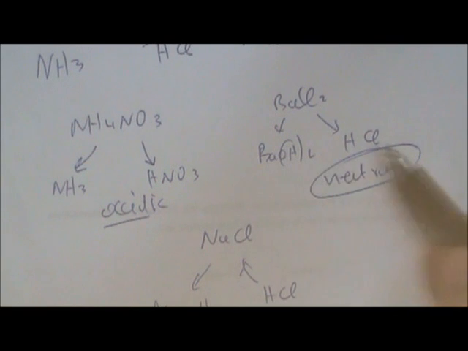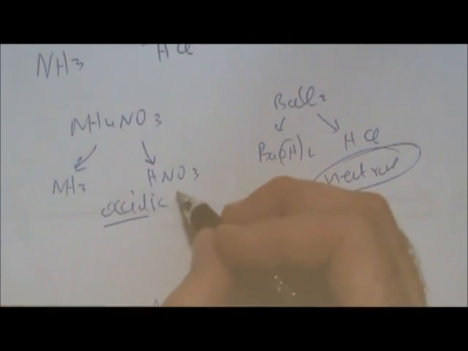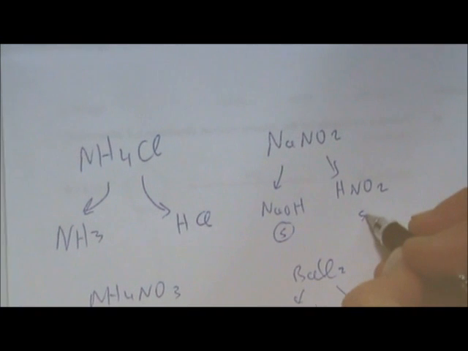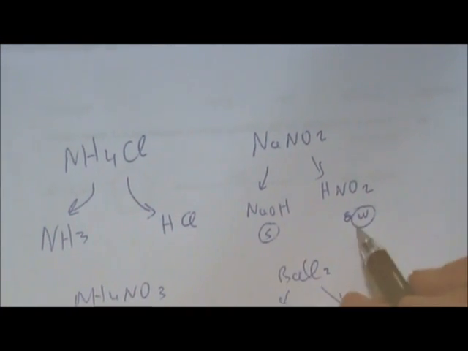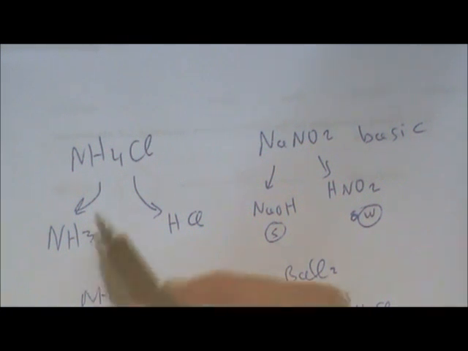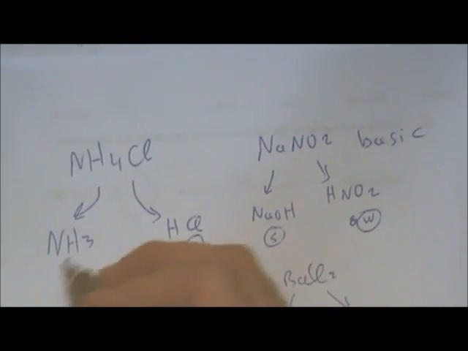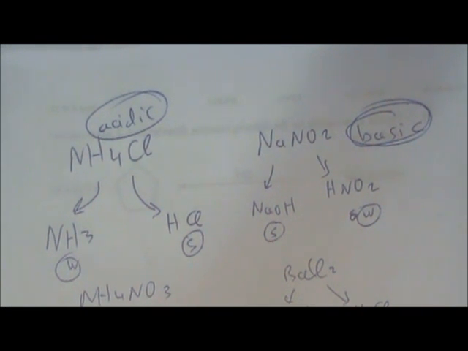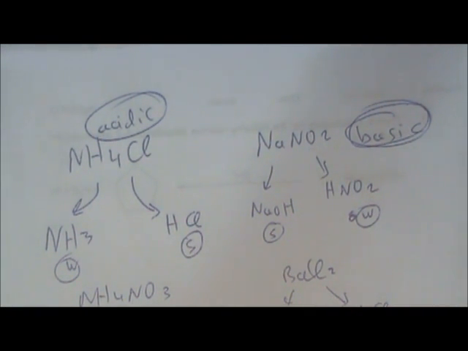Neutral, neutral, because it's strong, strong, strong, strong. Strong acid, weak base, it's going to be acidic. This one is what? Strong base and weak acid. That's going to be basic, right? So this is basic. Because this one is going to be strong, and this is weak. So the only answer is sodium nitrite. It's going to be basic. You see how we do it? Pretty easy, right? Okay. Let's go to the next.